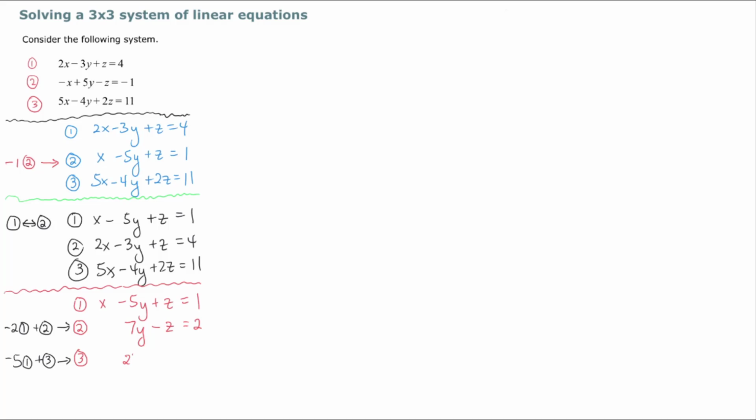So that's 21y. We also get negative 5z added to 2z, so we get negative 3 times z. And then we also have negative 5 added to 11, which is 6.